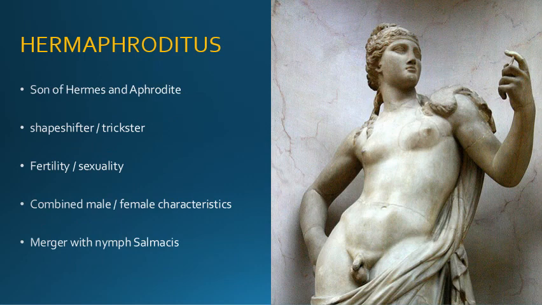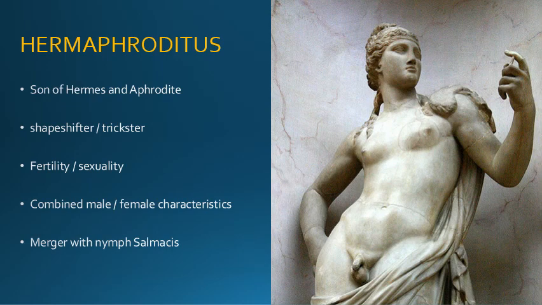Now this provides a useful segue into another transformative aspect of the figure of Hermes, and this is connected to the figure of Hermaphroditus, who is in fact a child of Hermes and Aphrodite.